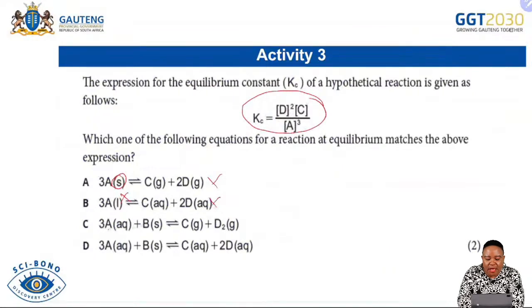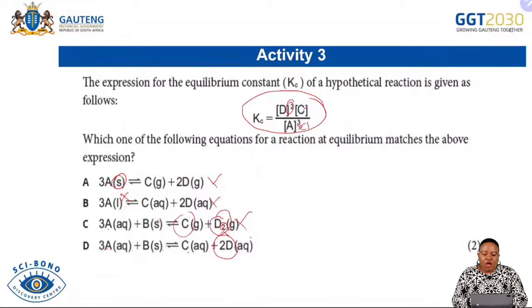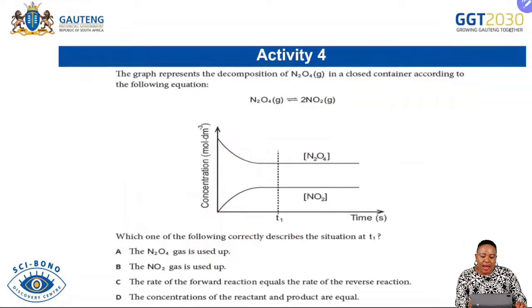Our A is aqueous, yes. Our B is solid, so it's not part of this one. It's multiplied by 1, yes. Our C is there with 1, but look at our D, the 2 is here, so it's also incorrect. The correct one, I think, is going to be this one, because we have 2D, which is our index. So we need to be very careful in terms of how we represent our Kc.